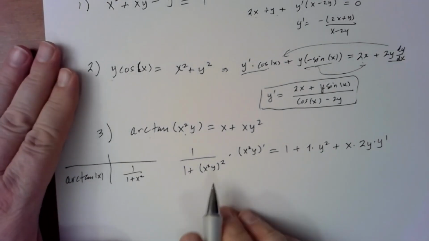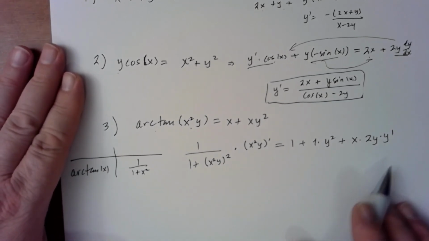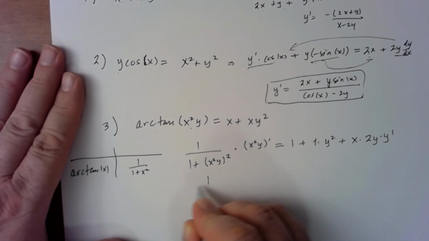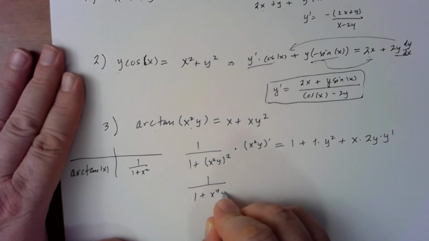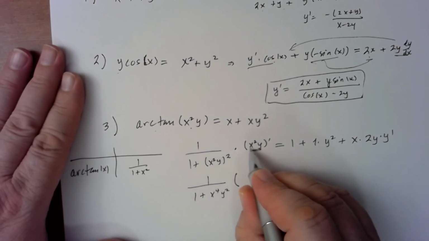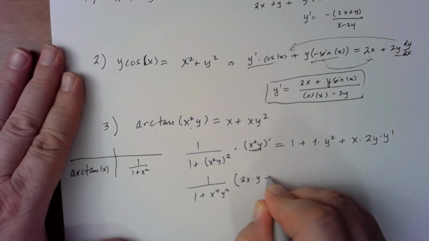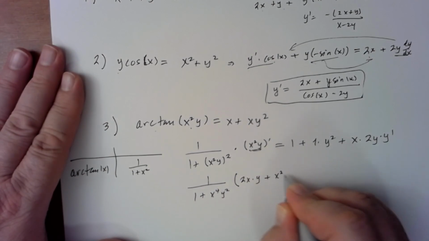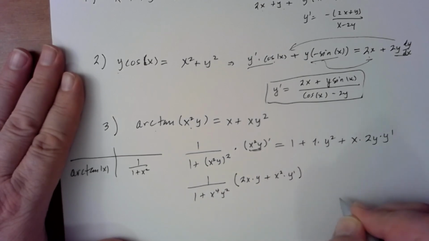Good. So this is going to be a little bit of algebra here, but that's okay. That's 1 over 1 plus x to the 4th y squared, and then the derivative of this expression is going to be the derivative of the first function, 2x times y, plus x squared times the derivative of y. We'll just write it as y prime here.